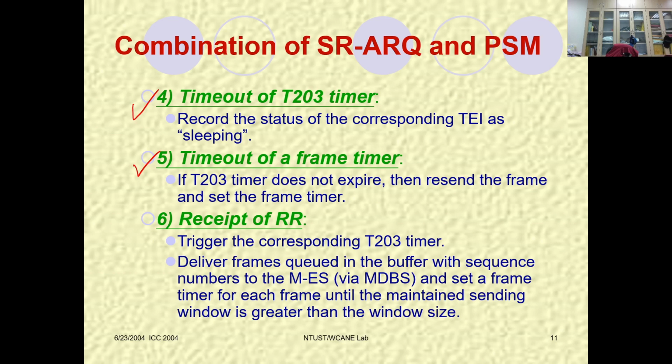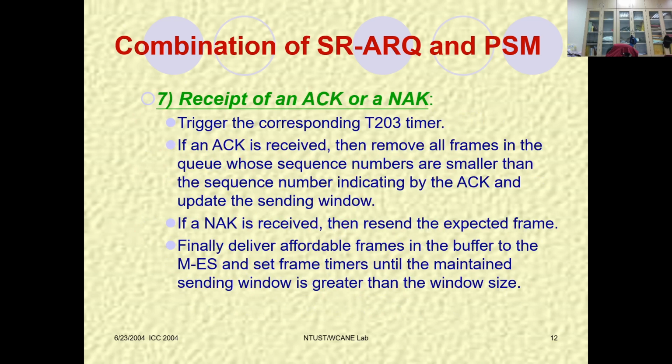And how about the receipt of a ready to send? If so, then we can trigger the corresponding T203 timer and deliver the frames queued in the buffer, of course with the sequence number. Next one is the receipt of an ACK or NAC. When we receive an ACK or NAC, we trigger the corresponding T203 timer.